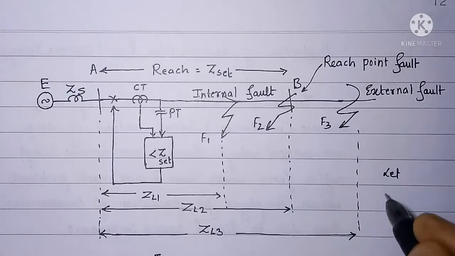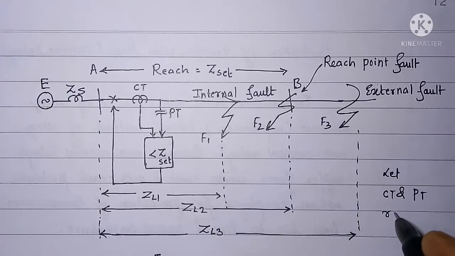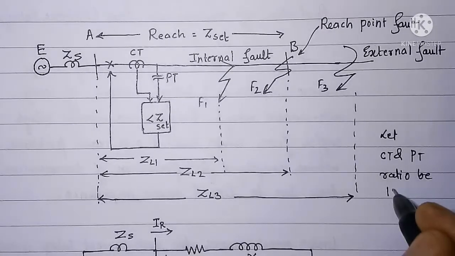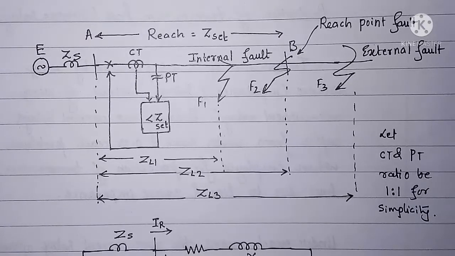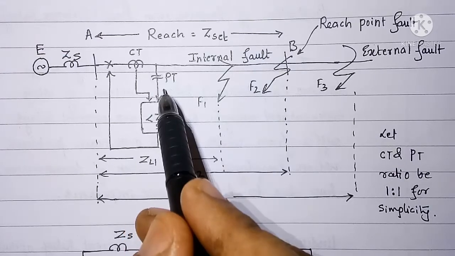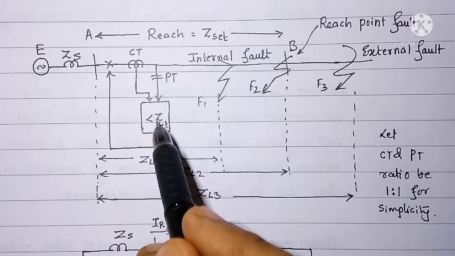Let the CT and PT ratio be 1:1 for simplicity. The current measured by the CT and the voltage measured by the PT are given to the impedance relay.